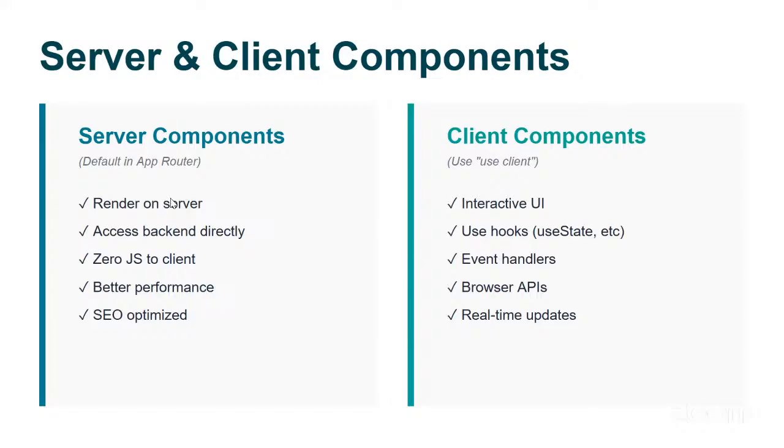They are rendered on the server, and they are directly accessed by the backend. So there is no JS manipulation or execution on the client side. Everything is executed on the backend side, which helps in obtaining better performance, and as I have told earlier, it improves the SEO score. So it optimizes SEO-wise as well.